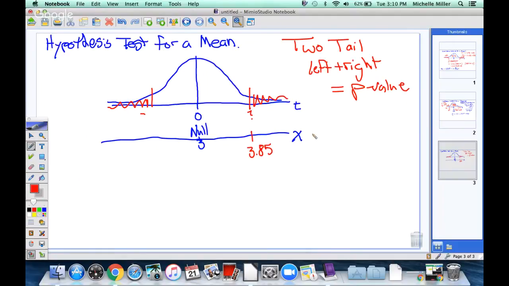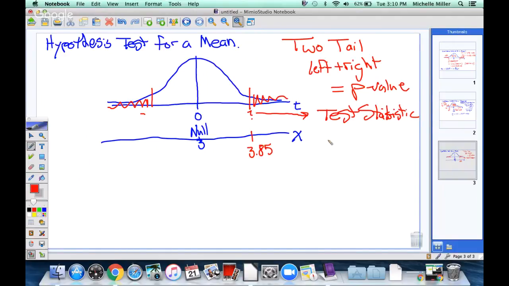Oh, one more thing. This t-score right here that I need to find, that's what's called our test statistic in this case. And the formula for that is rather interesting. Test statistic.